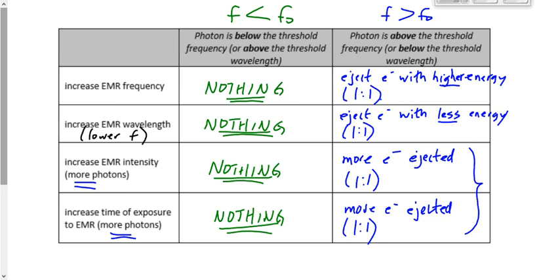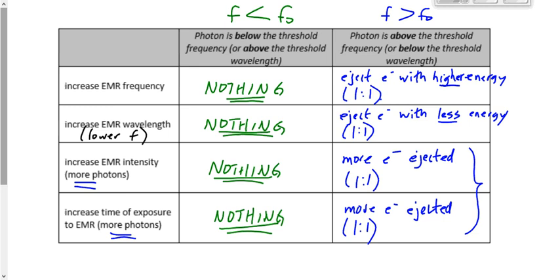Now, more electrons being ejected can manifest itself into a higher electric current. If we design a solar cell that generates electricity when light strikes it, that's because electrons are being ejected and then harnessed through an electric circuit. If you have more electrons ejected, then you're going to get a stronger electric current.